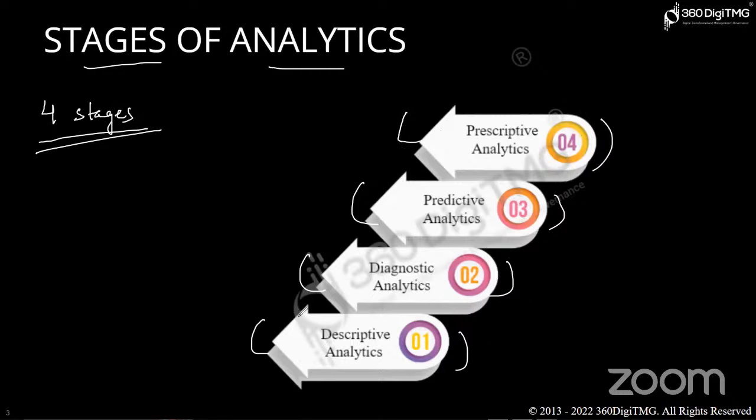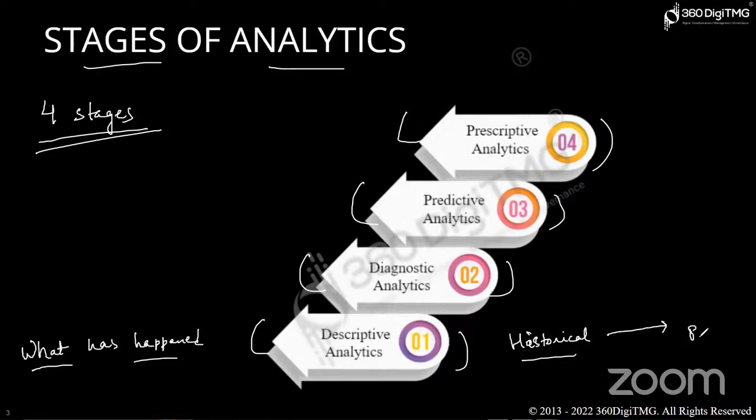The first step is what. Descriptive analytics deals with what has happened. Here we deal with the historical data, and till the present we see what has happened.